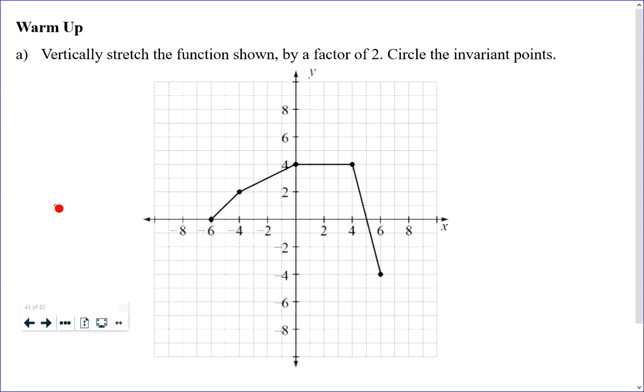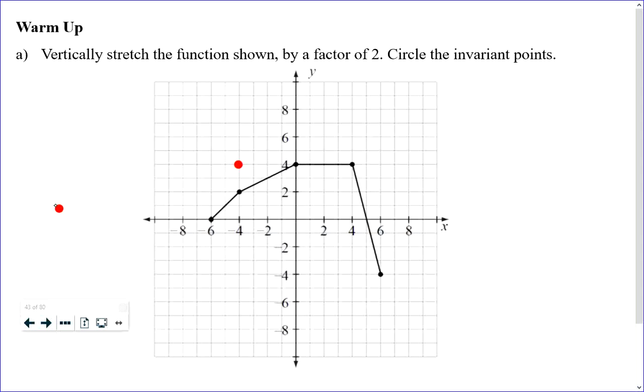So, for example, I'm going to do this point first. This particular point on the original function is 2 units away from the x-axis, and that's a measurement of vertical height. If I stretch this vertically by a factor of 2, it is going to be 4 units away.